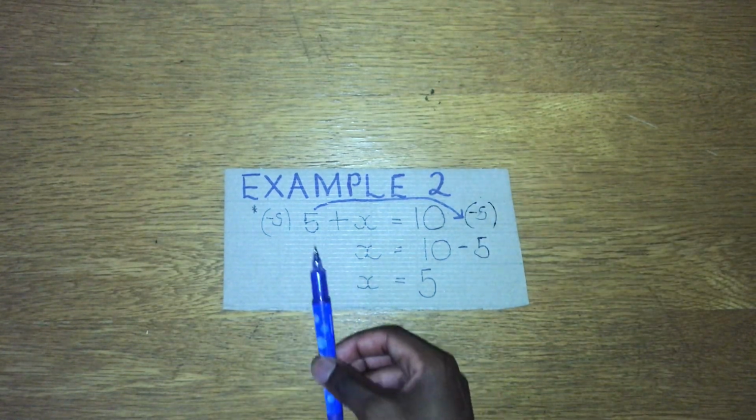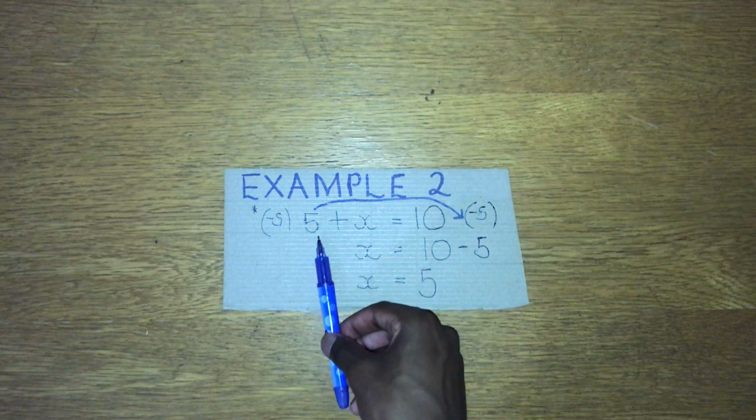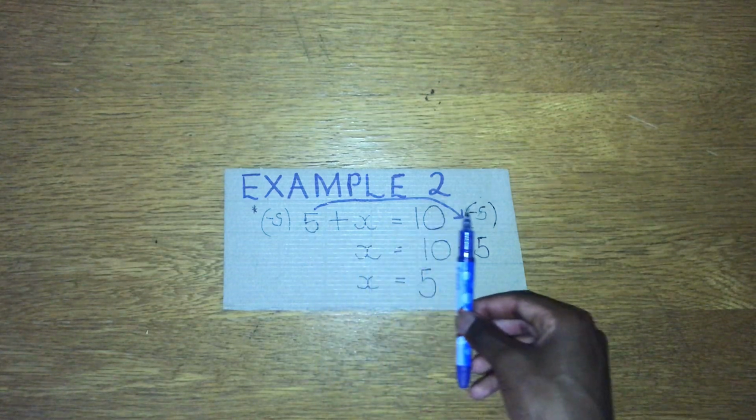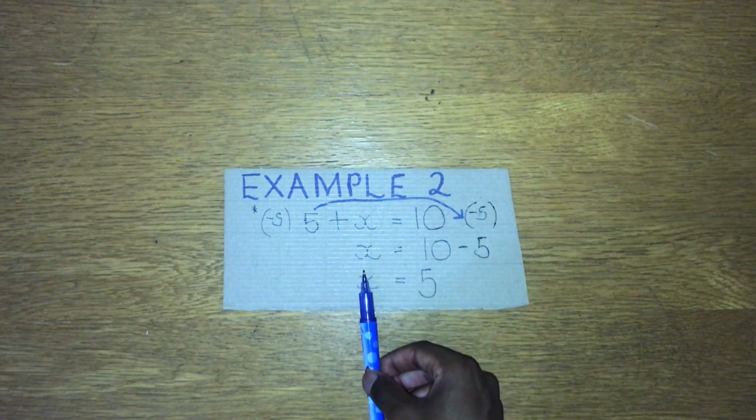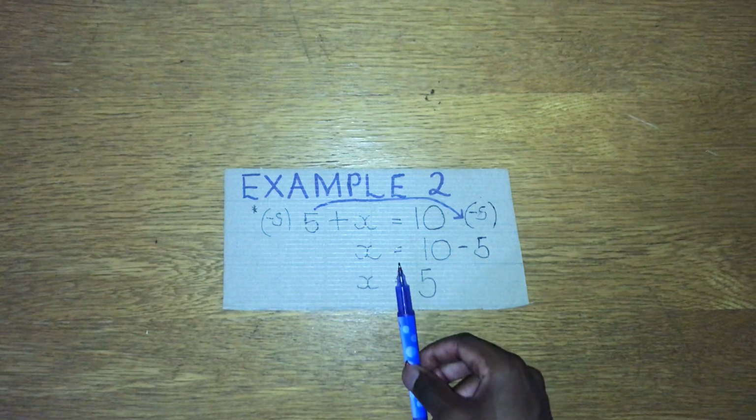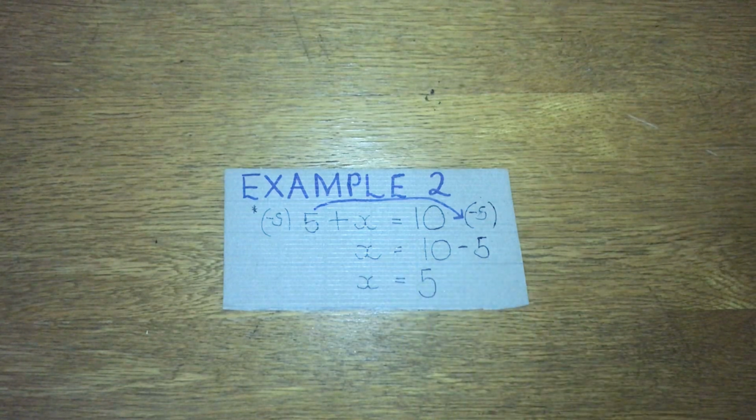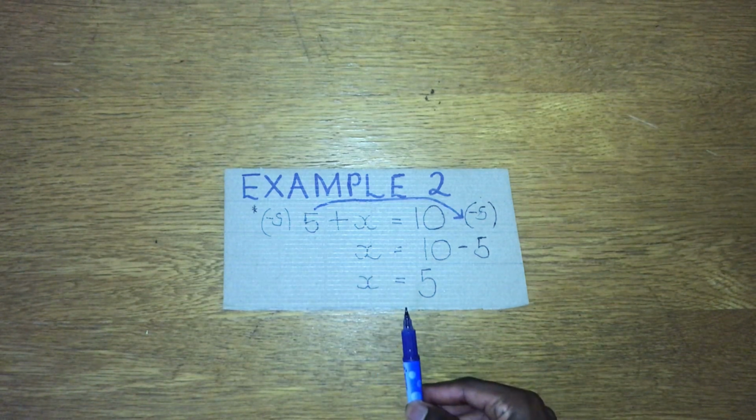Hence, initially moving that 5 across the equal sign, leaving the x alone on the left hand side and 10 minus 5 on the right hand side. And thus our equation is solved, giving us x is equal to 5.